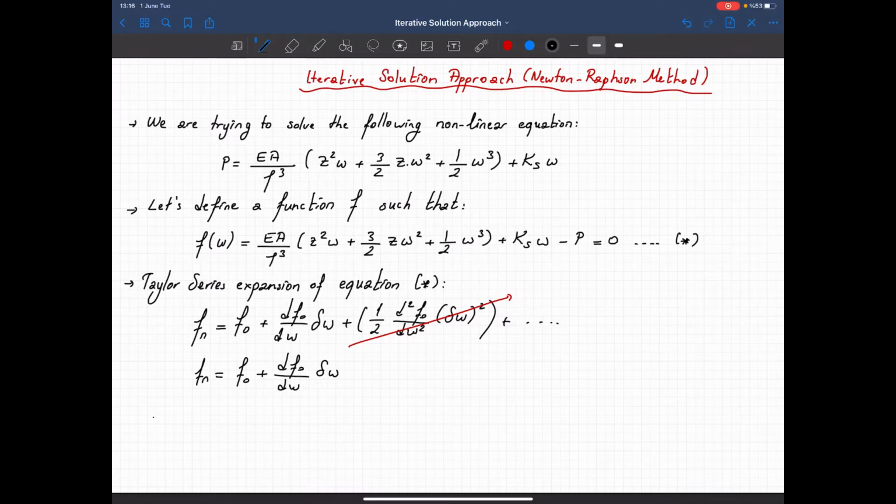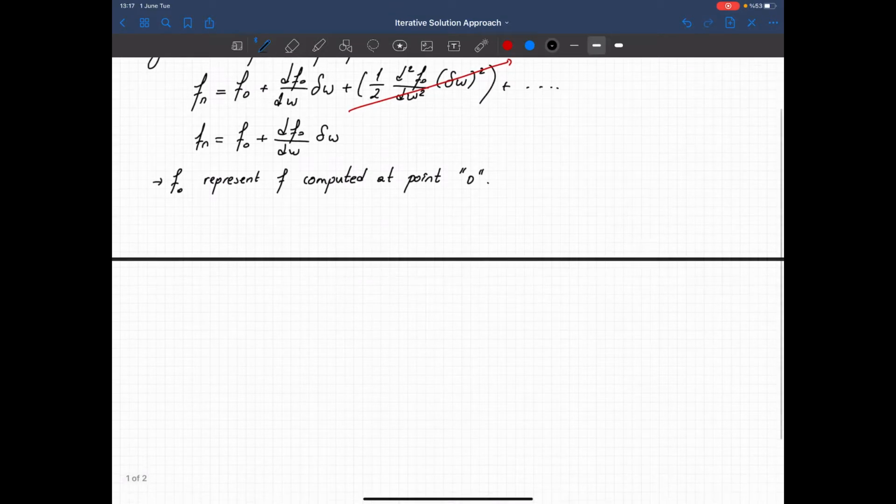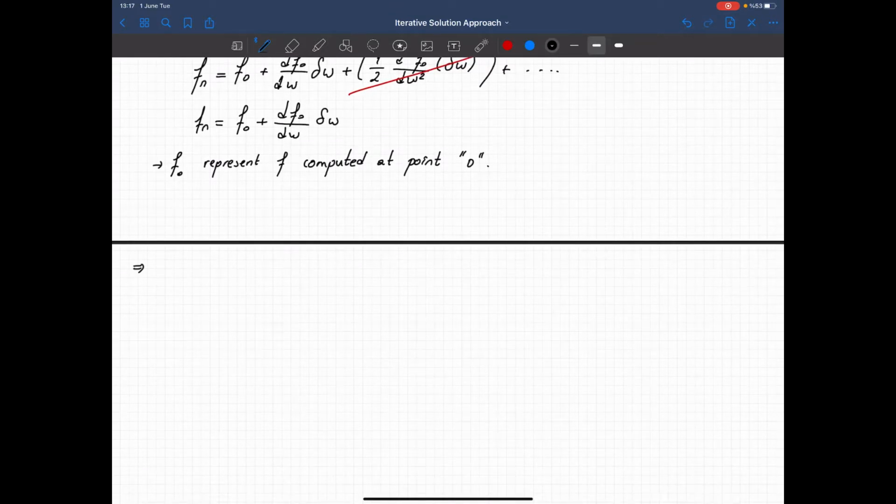In this equation, F0 represents F computed at point 0. So let's see what that means and how we can use that, okay? Now, for a given estimate for W0.